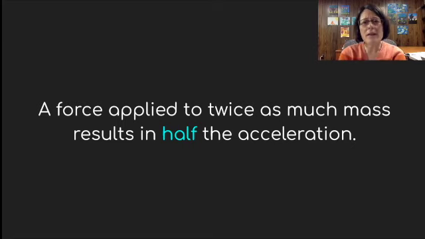If we applied the same force to the volleyball and also to the bowling ball, which would accelerate faster? Well, it would be the volleyball because it has less mass. It also has less inertia, right? It takes less to get it going. The bowling ball would not accelerate as fast with the same amount of force.